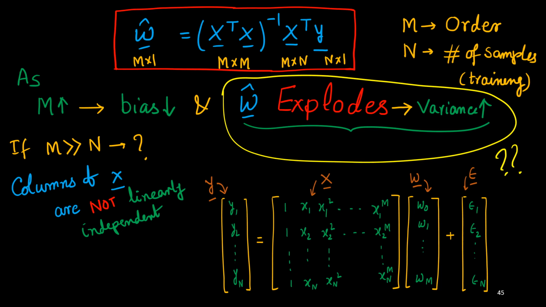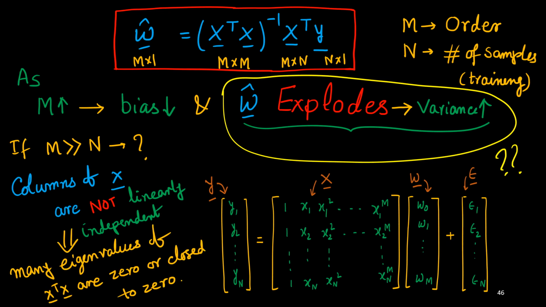They cannot be linearly independent, because the number of columns is more than the number of rows. In that case, if I consider x transpose x, this matrix's dimension will become m cross m, a huge dimension. So you will see that in that matrix, many of the eigenvalues will become 0 or close to 0.